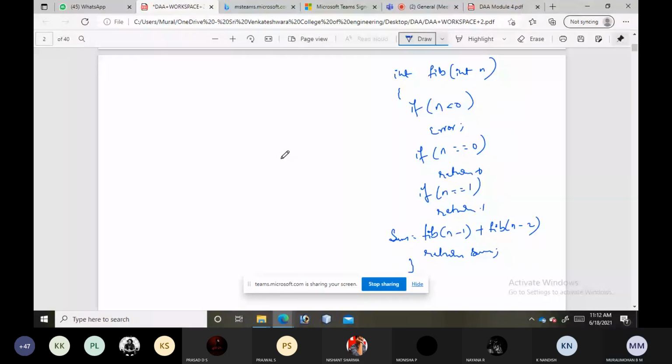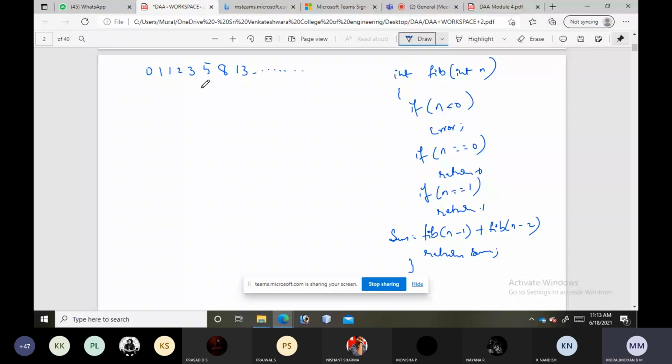So 0, then 1, so 1 plus 0 is 1, 1 plus 1 is 2, 2 plus 1 is 3, 3 plus 2 is 5, 5 plus 3 is 8, 8 plus 5 is 13, and so on. This is the series of Fibonacci numbers we have.